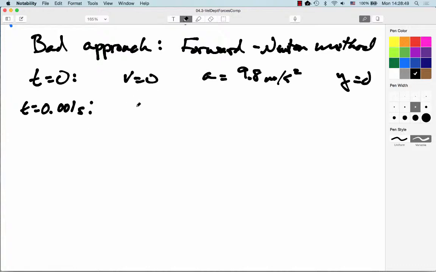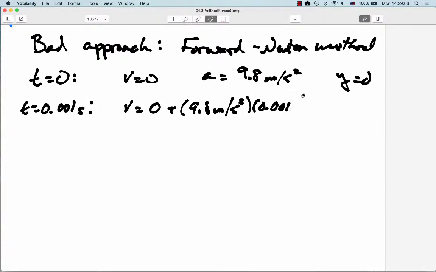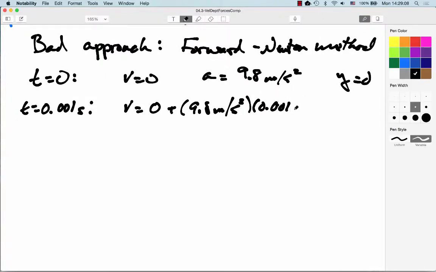All right, well, we can find v. That will be 0, what we had before, plus our acceleration, 9.8 meters per second squared, times the time elapsed, 1,000th of a second. And so we get that our new velocity at time 0.001 seconds is 0.0098 meters per second.